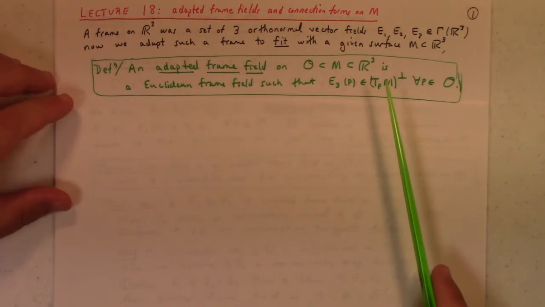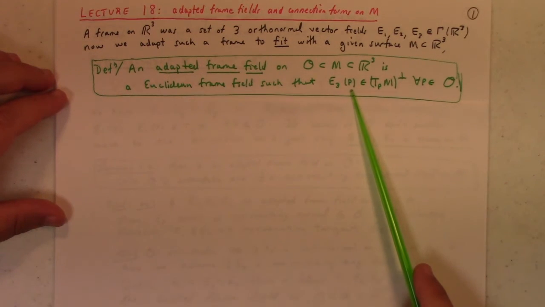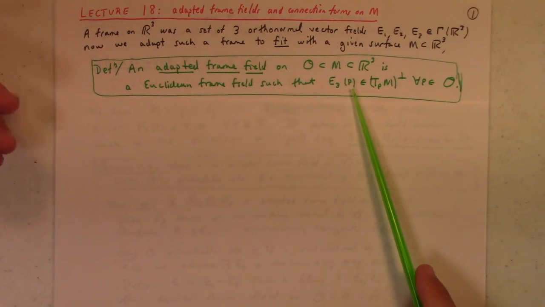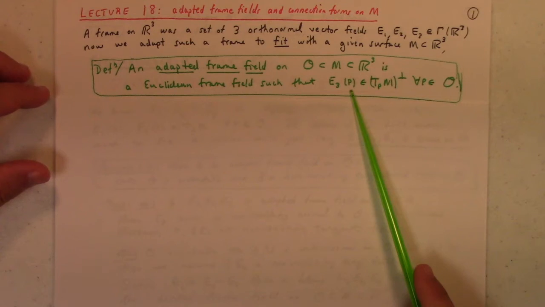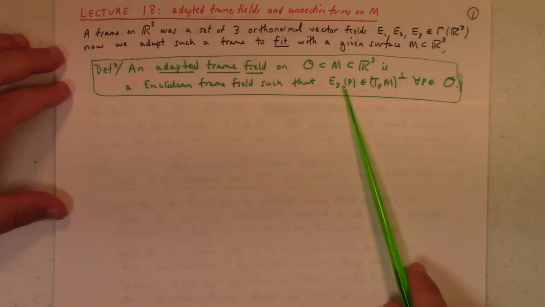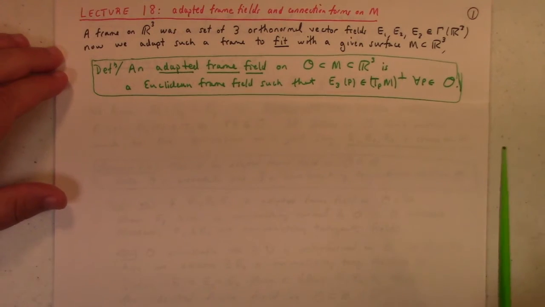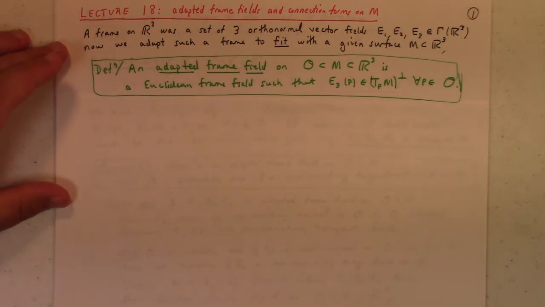Although it doesn't have to be the case that E3 appears as XU cross XV or something like that. I mean, there's no patch here specifically. We're working directly with the frame field as opposed to working with a patch or an equation. Although, of course, for a given example, you can always go back to patches or equations, like chapter 5.